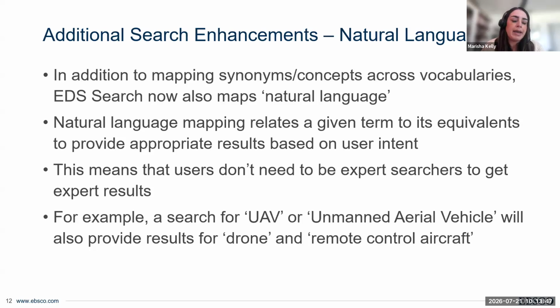And so if I, as a student or a user, searched for an acronym like AI for artificial intelligence, I would also receive results for that particular topic. Same in this particular example, if I search for UAV or unmanned aerial vehicle, I'll also be presented with results that include similar terms like drone or remote control aircraft.